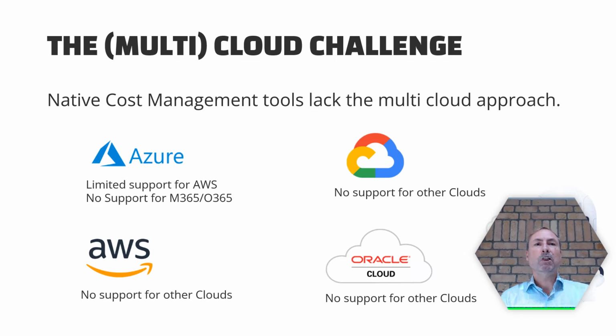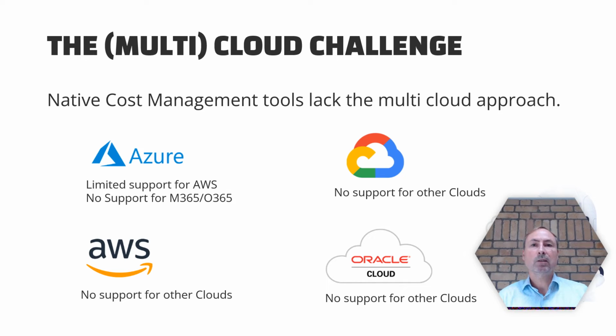So why not use the native tools? Well, the native tools lack the support for multi-cloud. Even Azure doesn't support Microsoft 365 or Office 365 cloud cost management. It's not within one tool. And it has limited support for AWS, but it's one of the few that actually supports a different cloud.